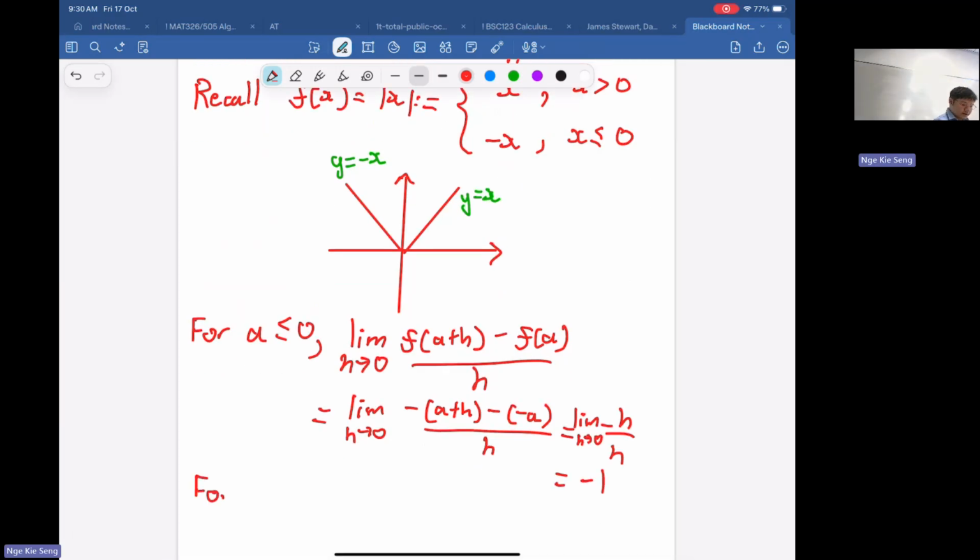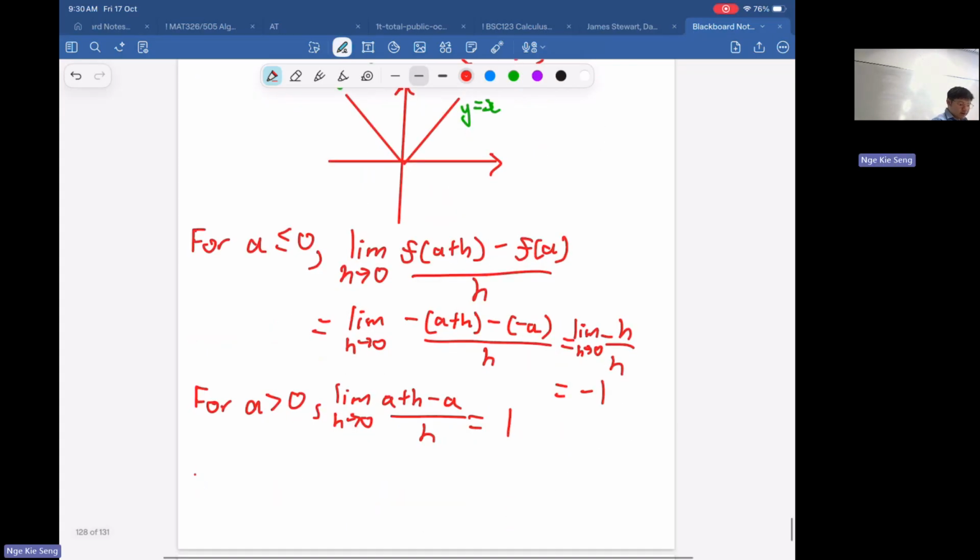Similarly on the other side, you should get (a plus h) minus a over h, which is 1. So at these points, they are okay, but there's a point that's not okay, which is when a equals 0. At a equals 0, if we want to check the limit at this point, we should check the left and right limits first.